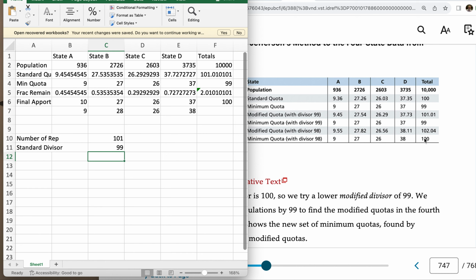So it finally got it when we did 98 as the standard divisor. And that's how you can do this kind of stuff on a spreadsheet.